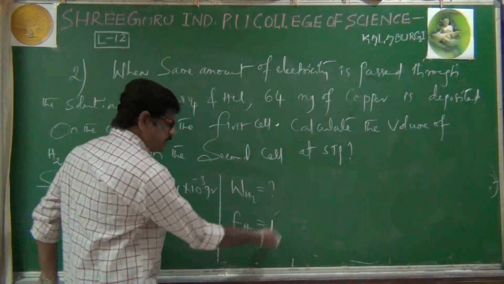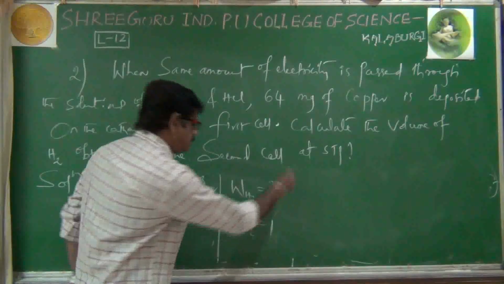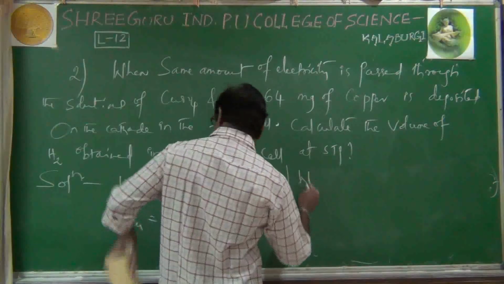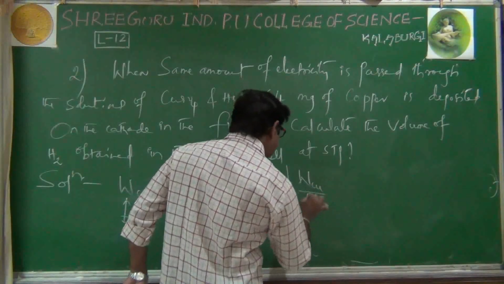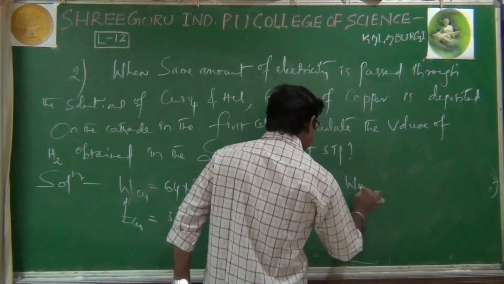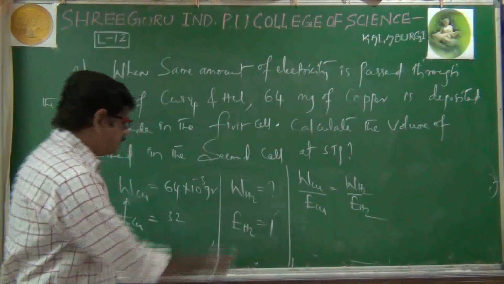Therefore 1 by 1 is 1, or 2 by 2 is 1. We will take our formula as it is: mass of copper divided by equivalent mass of copper is equal to mass of hydrogen divided by equivalent mass of hydrogen.